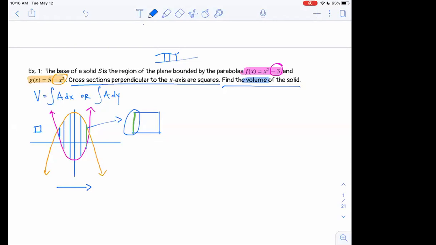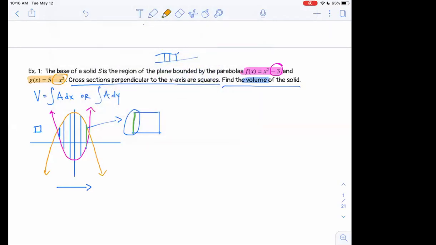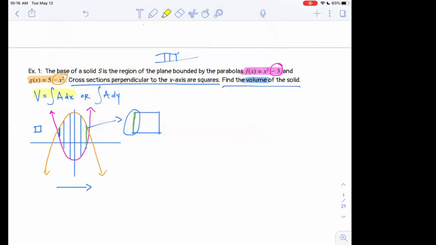What makes you say dx? Because it's perpendicular to the x-axis. Yeah, because it's perpendicular to that x-axis, okay? So I would say that that is 100% correct in this case, all right? So we're gonna go ahead and say that we're using this first formula where we're gonna set it up dx.